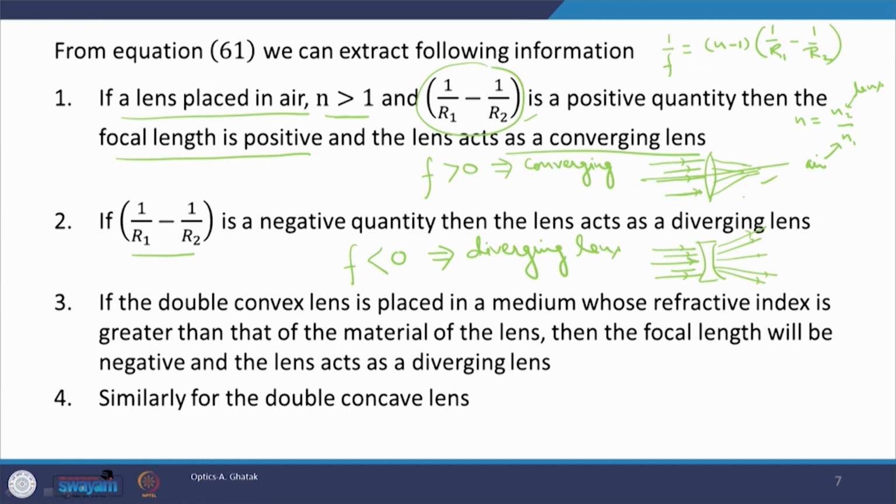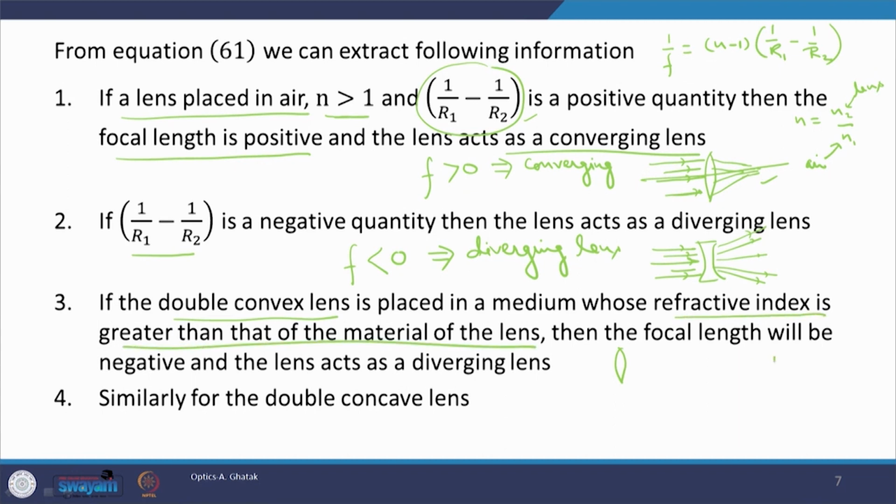The third point is that if a double convex lens, this lens here, is placed in a medium whose refractive index is greater than that of the material of the lens, what does it say?